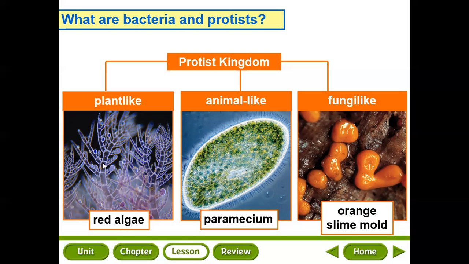They have chlorophyll and make their own food. Amoebas are similar to animals; they move from place to place and obtain food by eating other organisms.